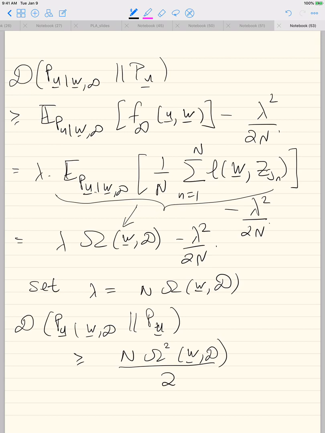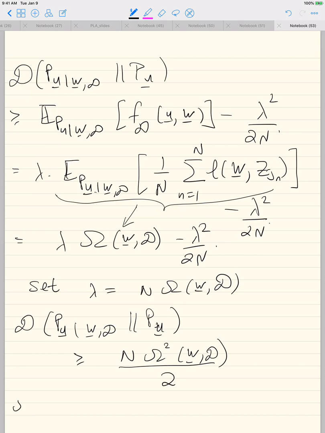If we take the derivative and set it to 0, you can see that this is maximized when lambda is n times omega, this quantity. And when you substitute in, you get that the left-hand side is greater than n omega squared WD by 2. This is straightforward algebra, just like we had in the Rousseau-Zhu bounds. I'm going fast here.